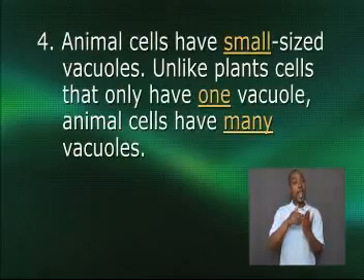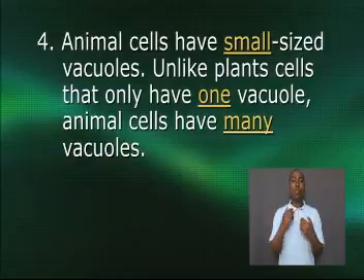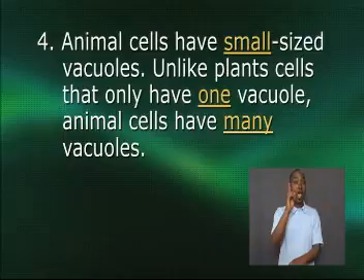Animal cells have small-sized vacuoles. Unlike plant cells that only have one vacuole, animal cells have many vacuoles. How did you do? If you got them all correct, great work.